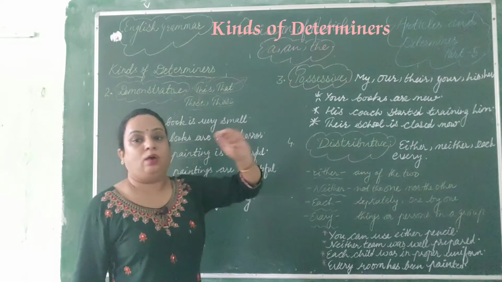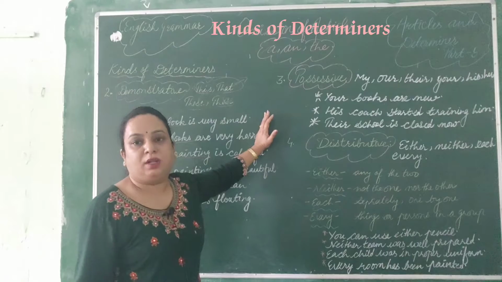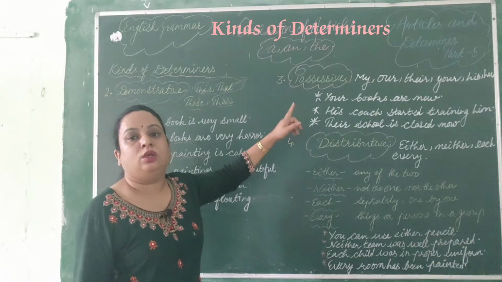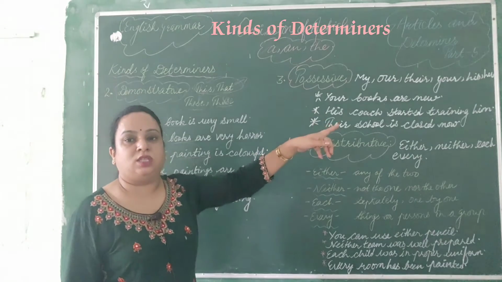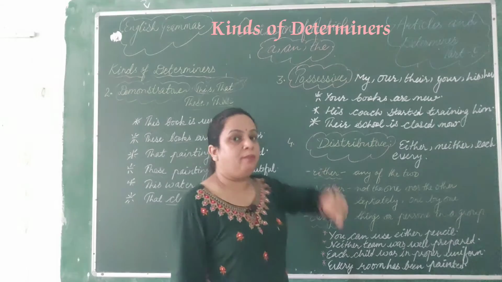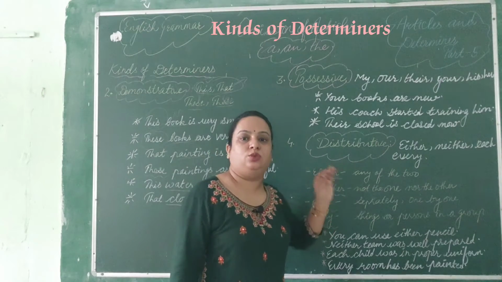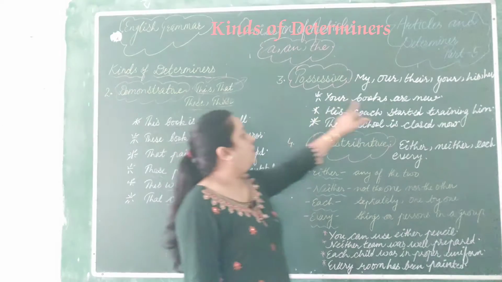If the question is given to you that you have to fill the determiners, you cannot use yours, theirs, ours, because then you are making a mistake, as you are filling pronouns there. So that's a very important point, and generally students make mistakes in this. Examples are, your books are new.